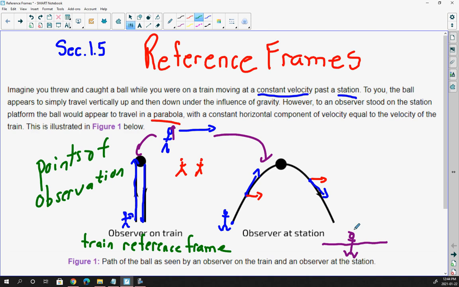We would call this the station reference frame. So a reference frame is this point of view where you make an observation.